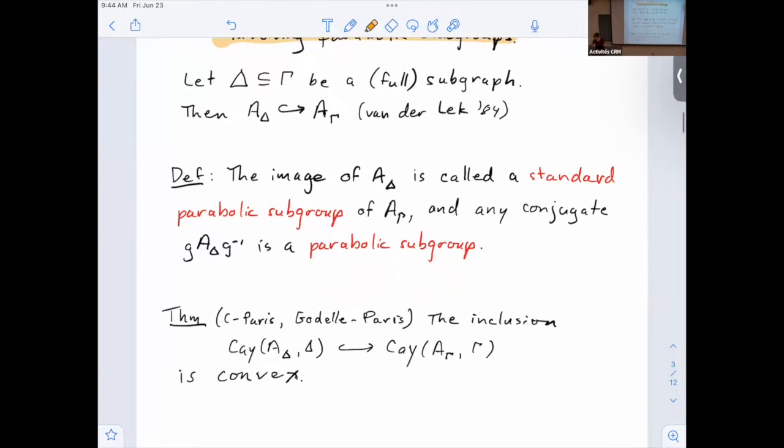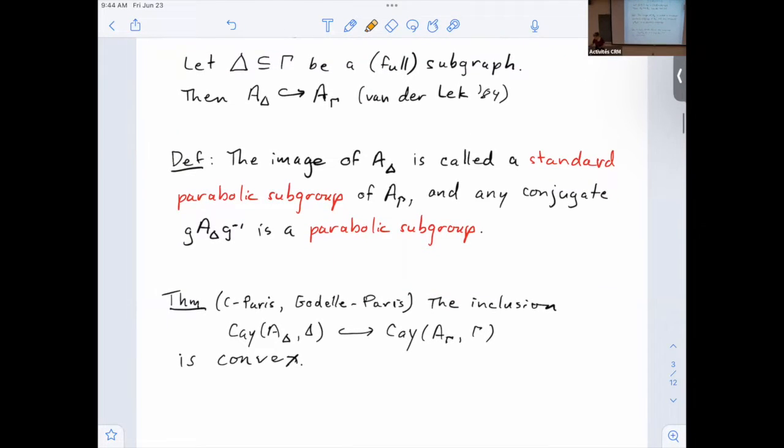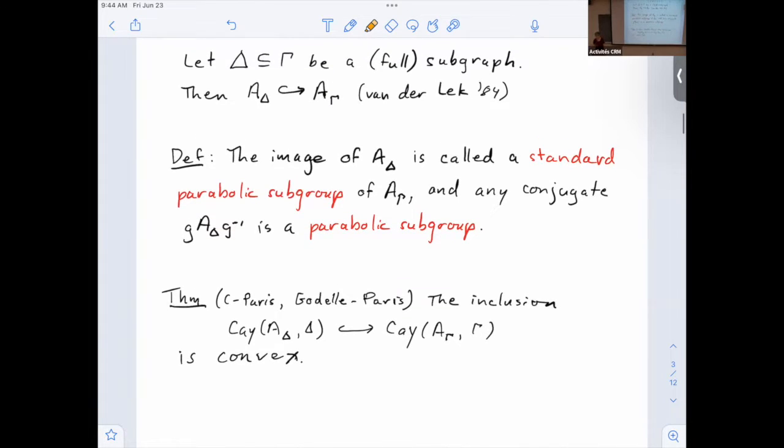As a comment, this shows up in some of the proofs. I won't talk about it much here, but it turns out that they sit inside there really nicely. They're not only injective, but they sit inside geodesically, which means if I have any geodesic between two points, any word that represents an element in A delta must live entirely in delta. It can't involve any other generators.